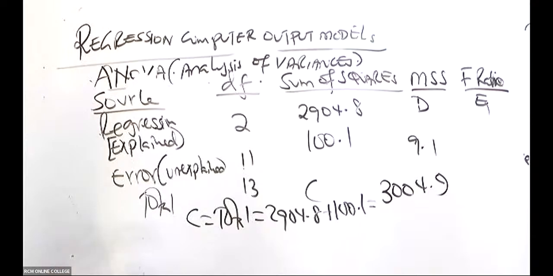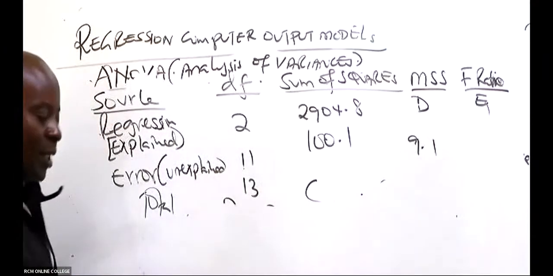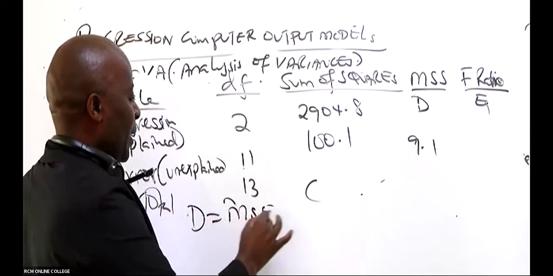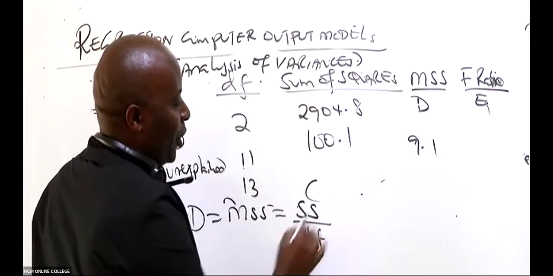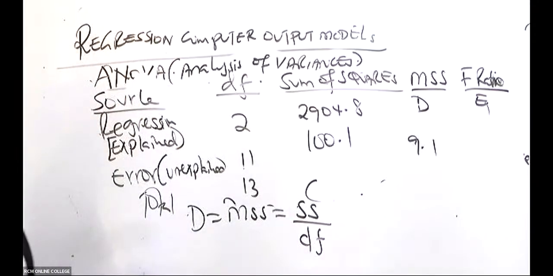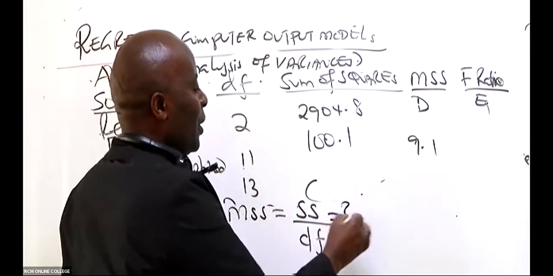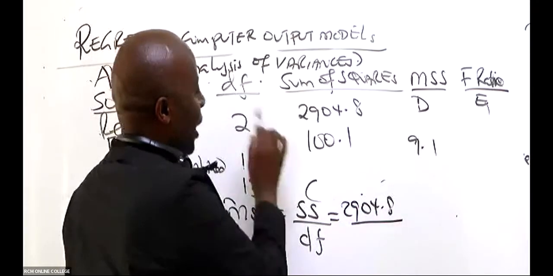So in short, D is MSS. To get it, we take sum of squares divided by degrees of freedom. Anytime they want us to get mean sum of squares, you take sum of squares divided by degrees of freedom. So the sum of squares here is 2904.8 divided by degrees of freedom, which are how many here, somebody?